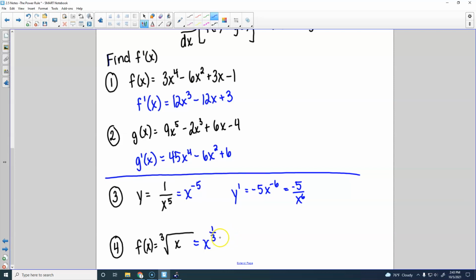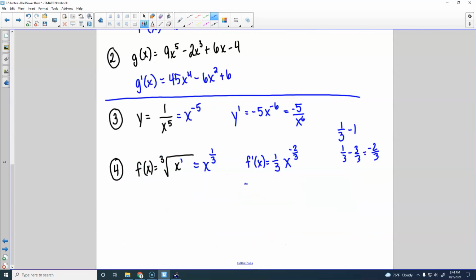So for when I take this derivative, f prime of x is going to equal 1/3 x to the, I've got to do 1/3 minus 1, which is 1/3 minus 3 over 3, which is negative 2/3. So I got 1/3 x to the negative 2/3.